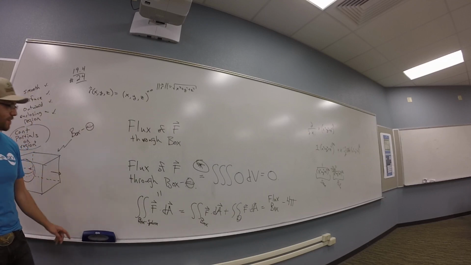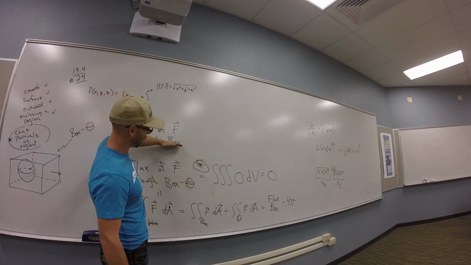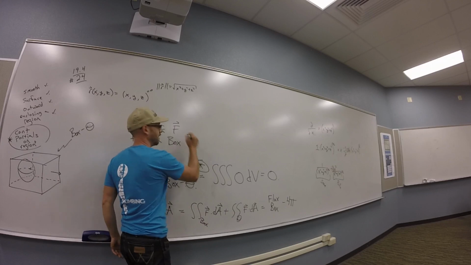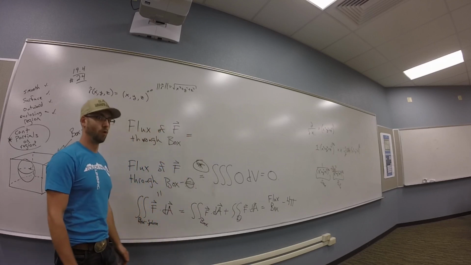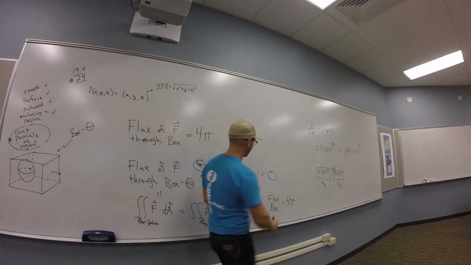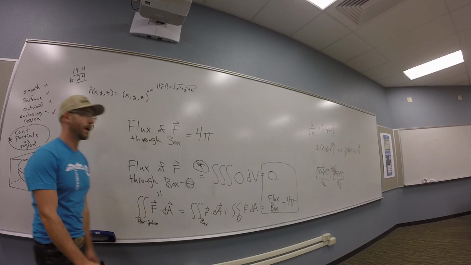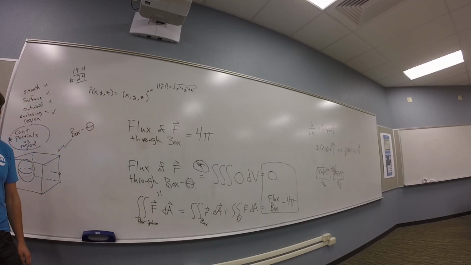And so if you chase the beginning and the end of this thing, you'll find that the flux of the box should be 4 pi. That's saying the flux through the box minus 4 pi has to be 0, from the divergence theorem and a calculation I did earlier.